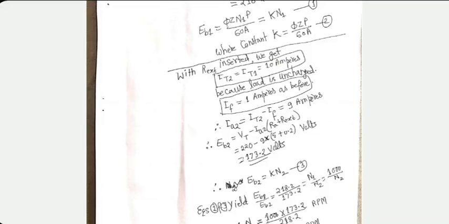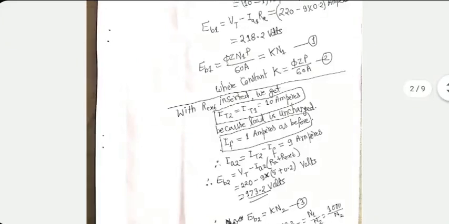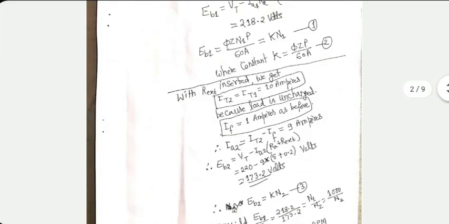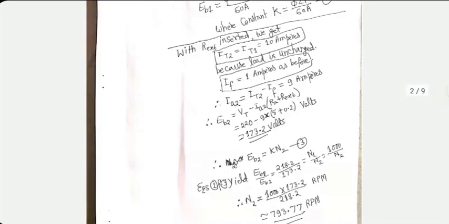You know EB1, you know EB2, you know N1. So N2 is easy to figure out. The new speed is lower than 1000 RPM. Once R external has been introduced, the speed will drop to this value, 793.77 RPM. Armature current will not change because the output power is not changing.